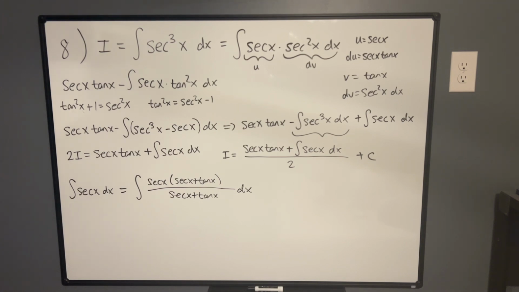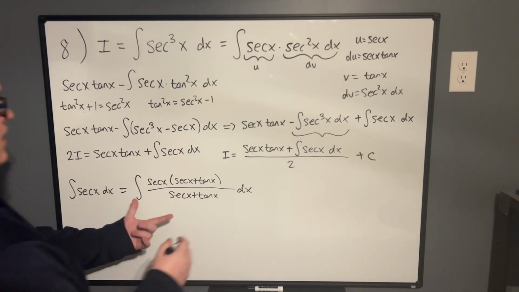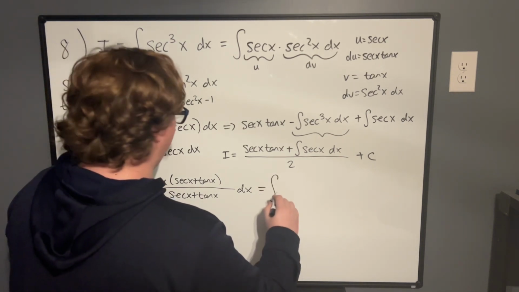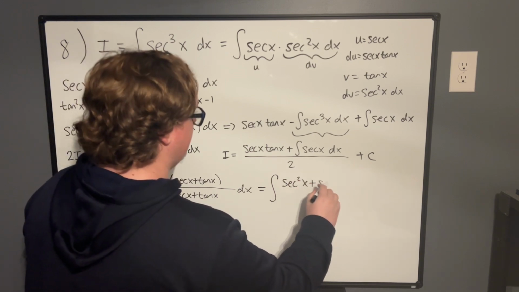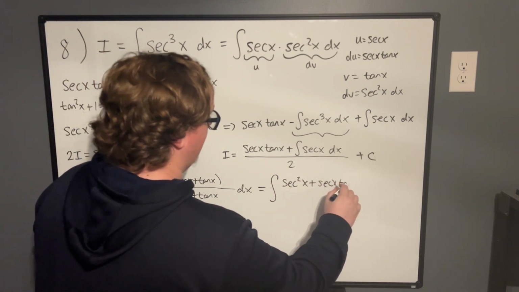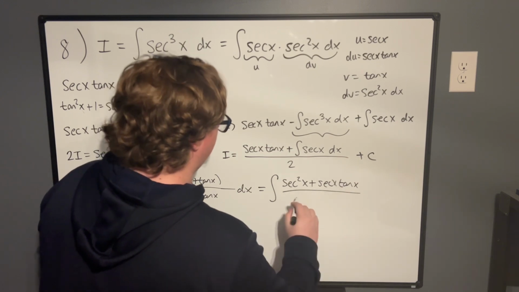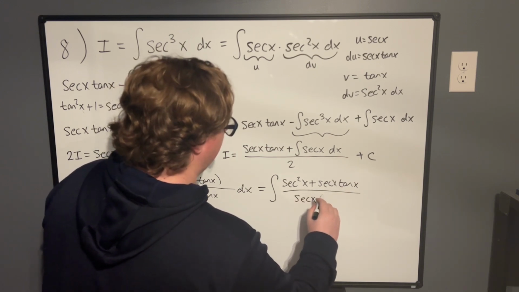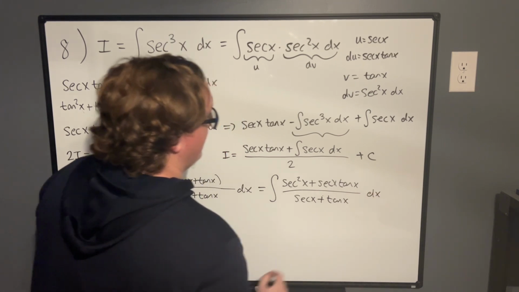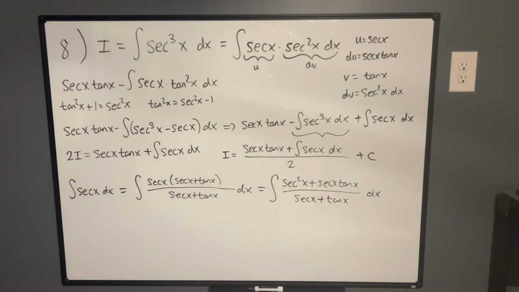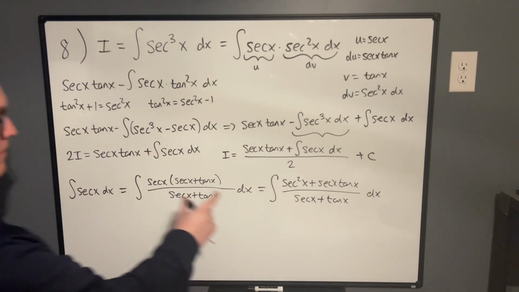And at this point, we're going to distribute that numerator out. So this gives me the integral of secant squared x plus secant x tan x all over secant x plus tangent x dx. And then we will have to do a u sub. So our u sub is going to be the denominator.